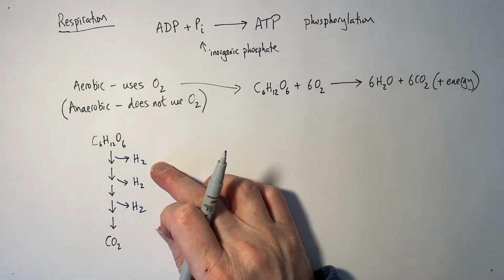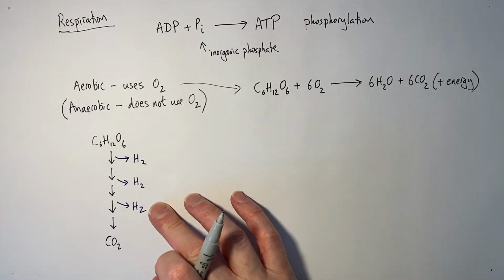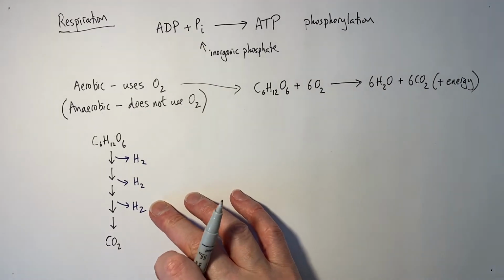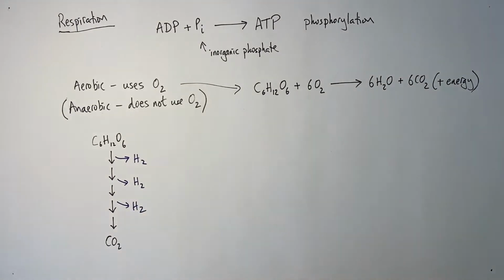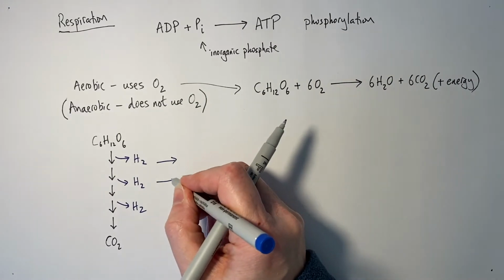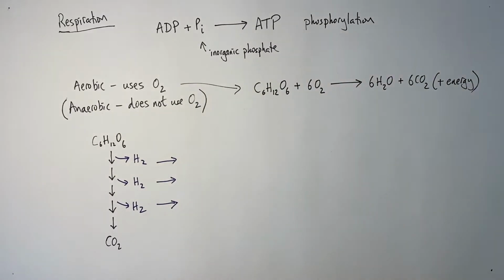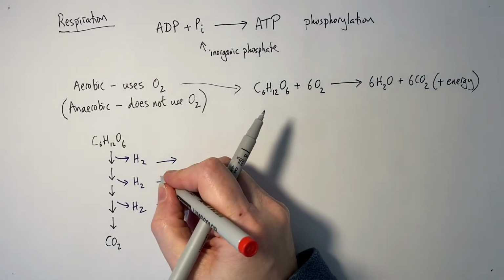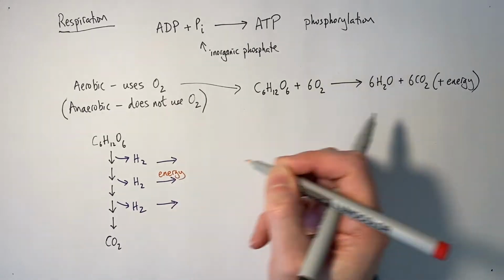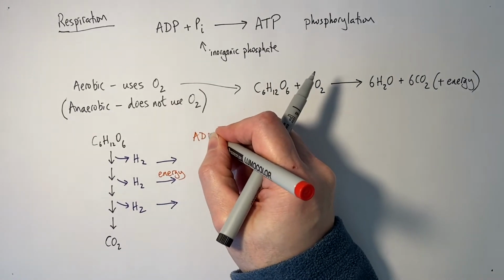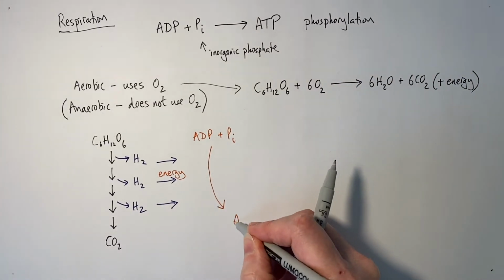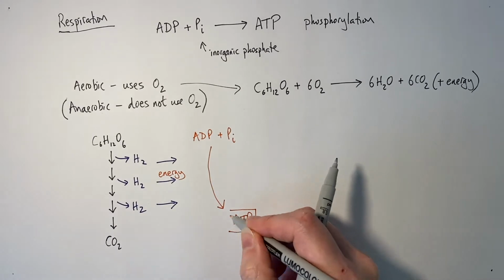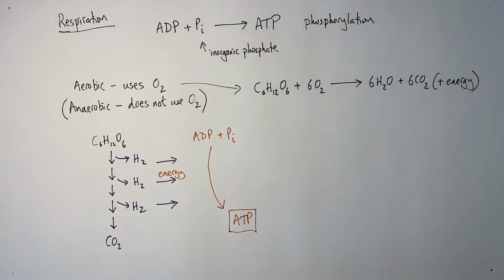Now those hydrogen ions, not drawn here, will also have some electrons associated with them. And it's these that then go to other processes to release energy, and that energy is going to be used to combine ADP and inorganic phosphate to make ATP, which is what we're after.